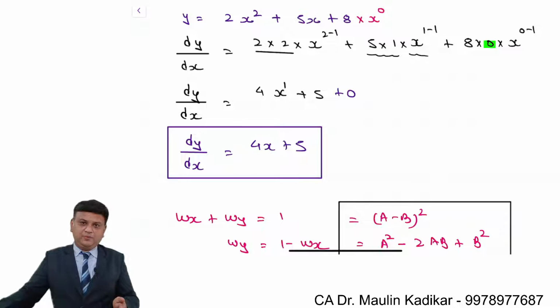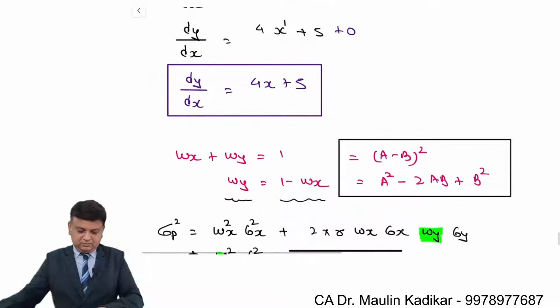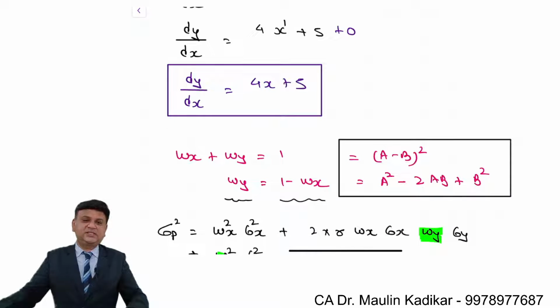So 2 into 2 into x raised to 2 minus 1. 5x, so it is 5 into 1 into x raised to 1 minus 0. Then it is 8, so it is 8 into 0 into x raised to 0 minus 1. So dy upon dx is equal to 4x raised to 1 plus 5 plus 0. So dy upon dx is equal to 4x plus 5.